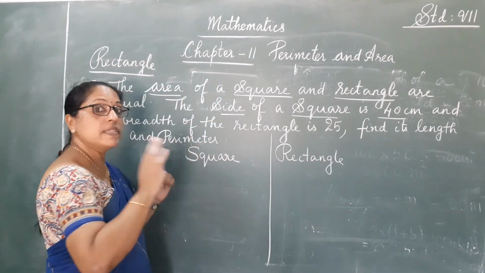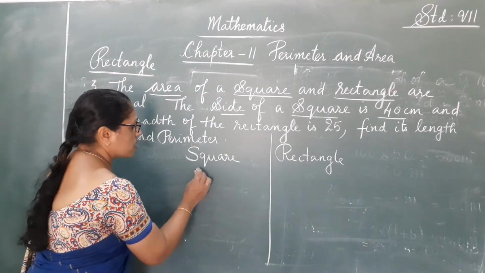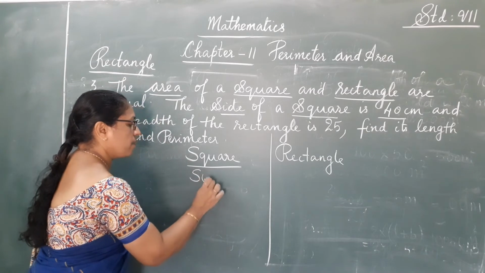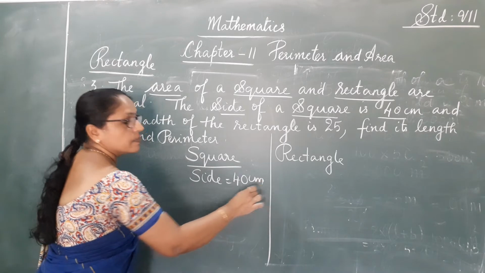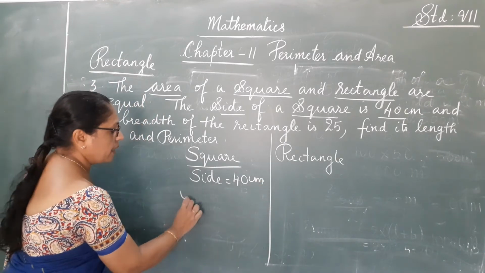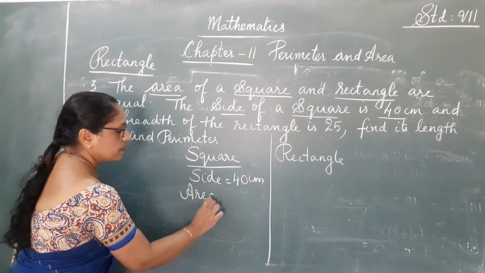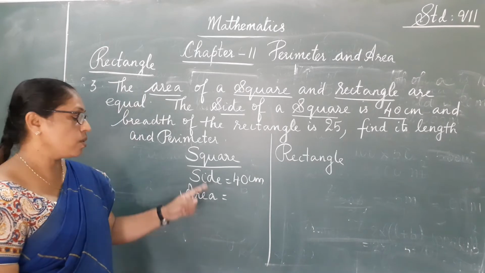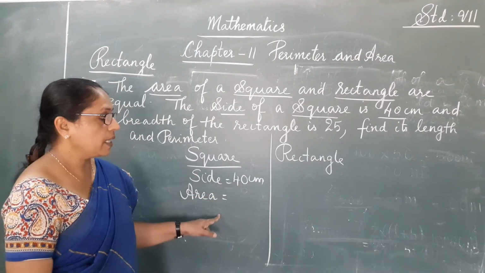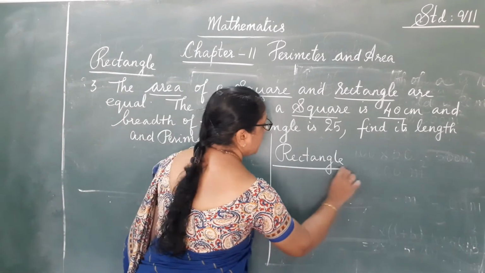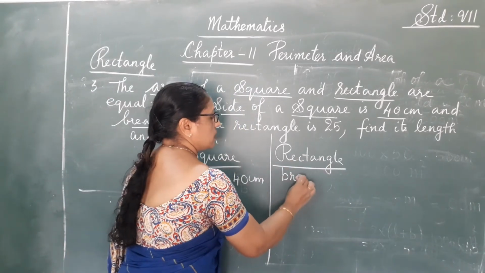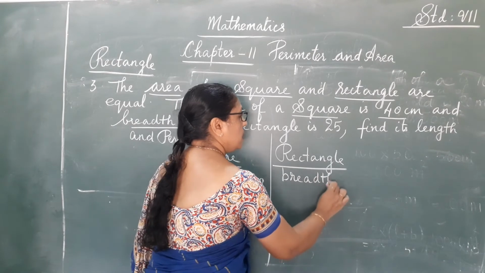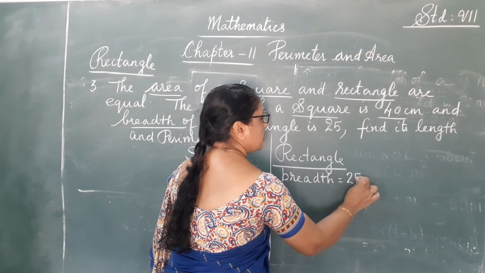They both have the same area. So the square side is equal to 40. Immediately you can find out the area, isn't it? Because the square side is given, so you can calculate the area. And in the rectangle, what is given? The breadth is given, 25 centimeter.